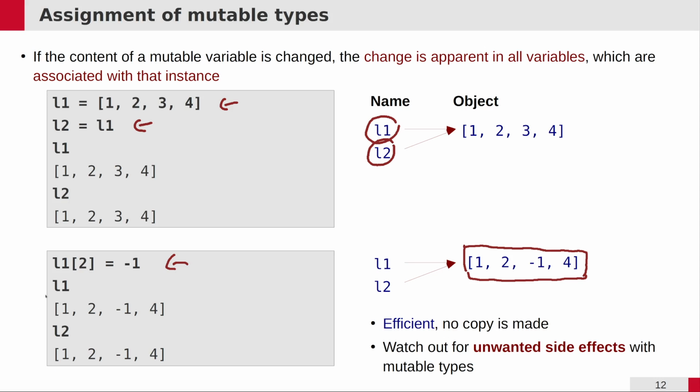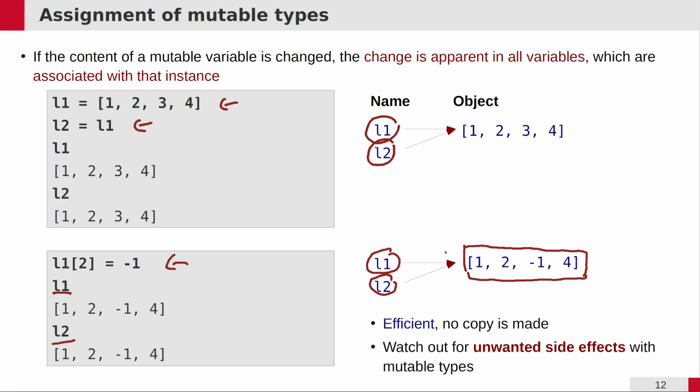So basically, if you are then printing the content of L1 or L2, you will see that both of them have been changed. So please be aware that if you make an assignment, this is basically just an aliasing or a pointer. If you are familiar with this concept from other languages, they are just names pointing to an object in memory. And if you say L1 is equal to L2, then you get just two names pointing to the same object.